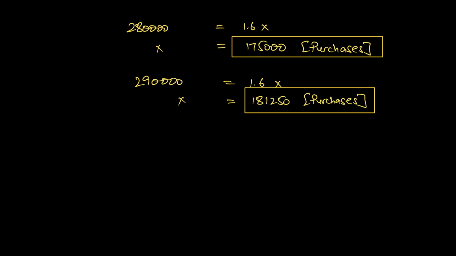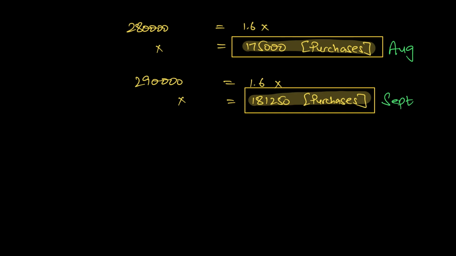After that, the sales for September was 280,000. You can calculate that to be 175,000. But this is the sale in the month of September, so it must have been acquired in August. And finally, the October sale was 290,000. We'll divide that by 1.6 as well, and we'll arrive at 181,250. You should double check our calculations, but this one was purchased in the month of September.